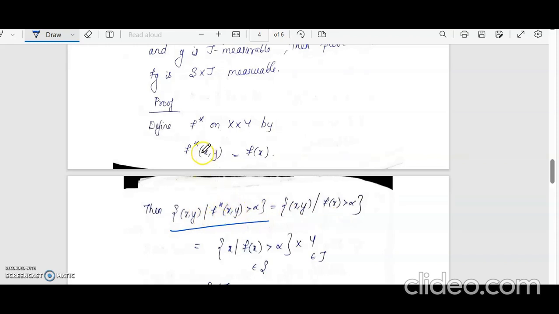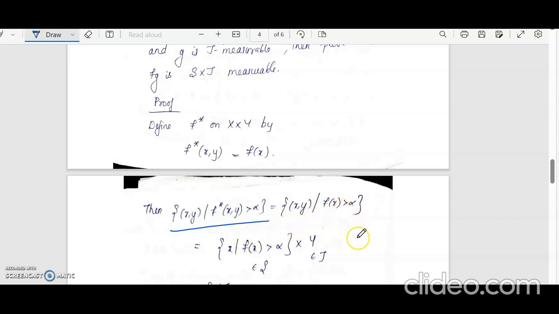Now f star is equal to f of x, so this will be equal to the set of all (x, y) such that f of x is greater than alpha. This is the collection of all points (x, y) such that f of x is greater than alpha. f of x is a function of the variable x alone, so it is independent of y.